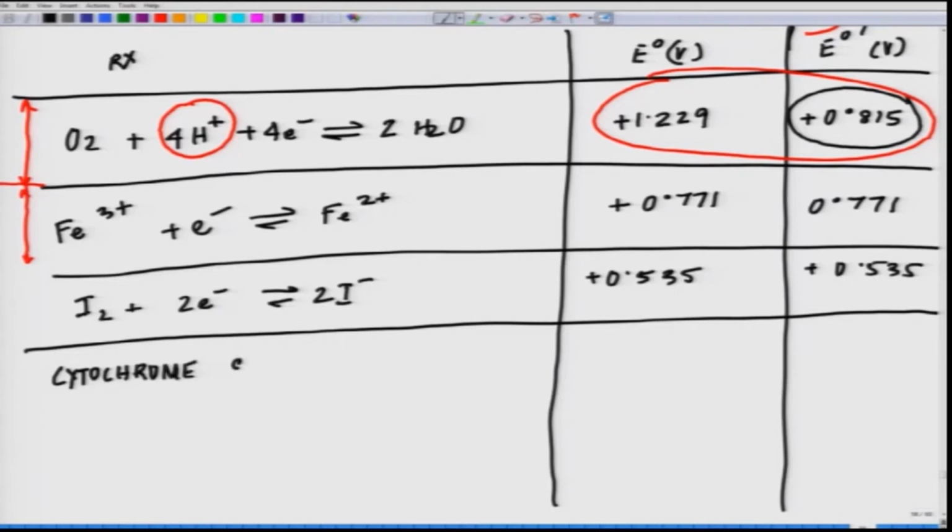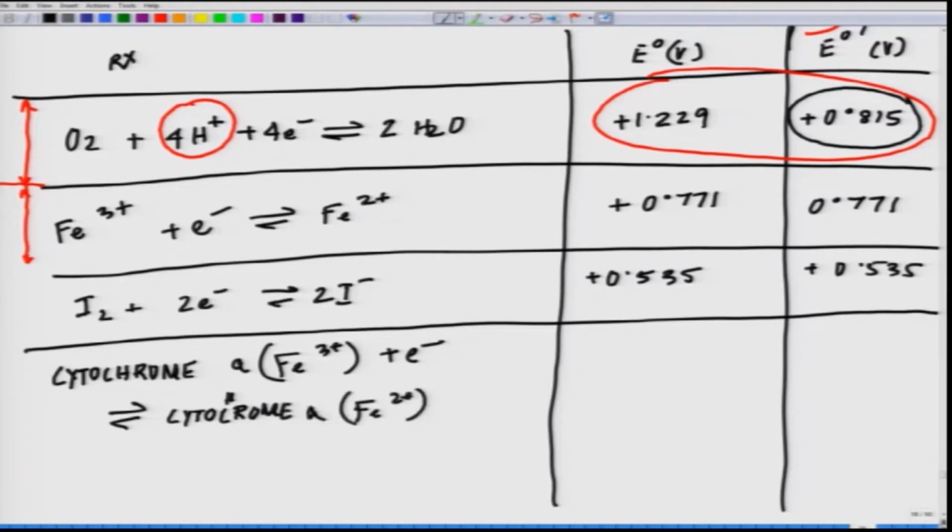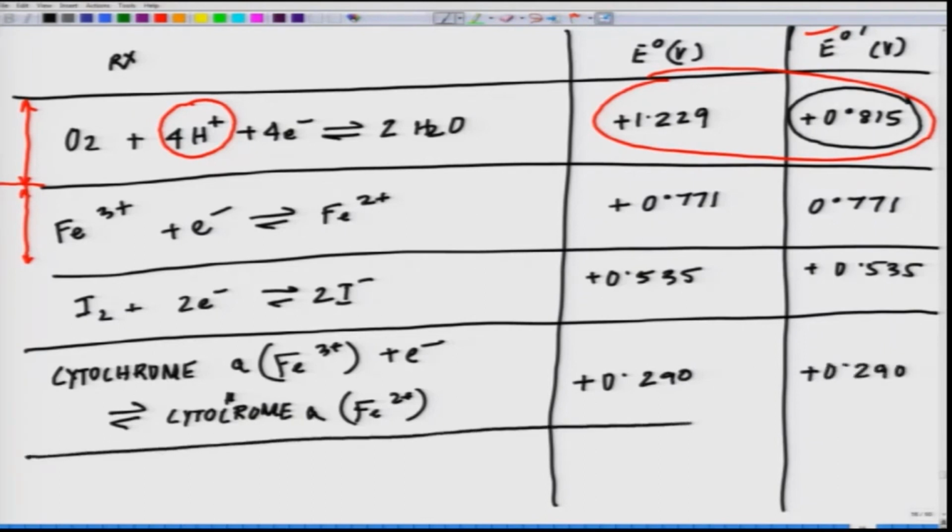Cytochrome a, which is Fe3 plus plus electron, becomes cytochrome a Fe2 plus, which is getting reduced, and the value is plus 0.290, plus 290, because again there is no involvement of any hydrogen ion or any kind of acid base situation.